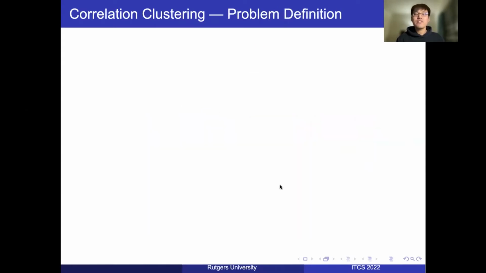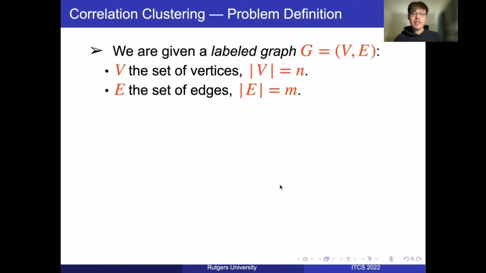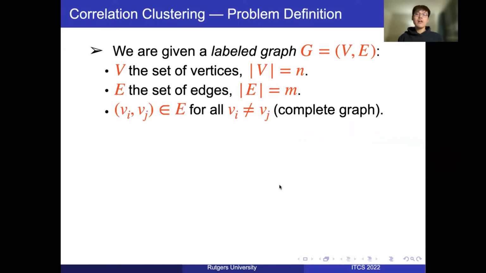Now let me be a bit more formal and give you the formal definition of correlation clustering. Suppose we are given a labeled graph G equals (V, E). As convention, V is the set of vertices and E is the set of edges. In correlation clustering, we deal with a labeled graph which is a complete graph.